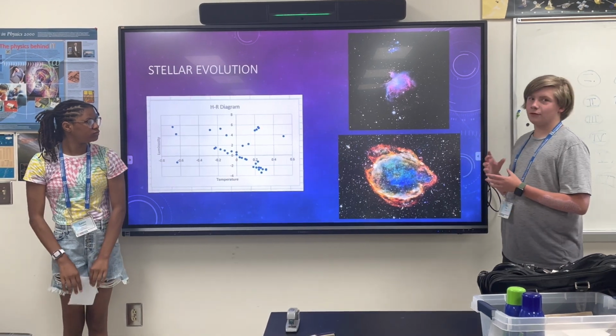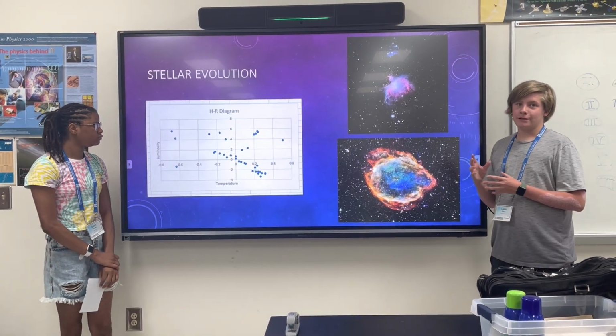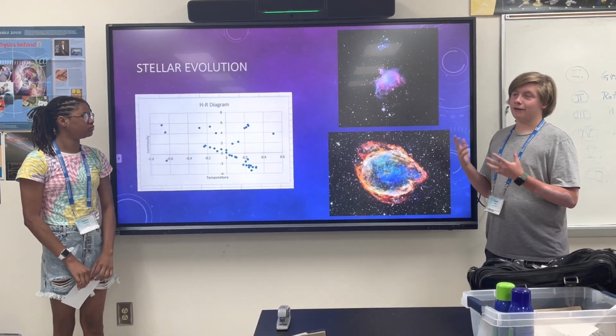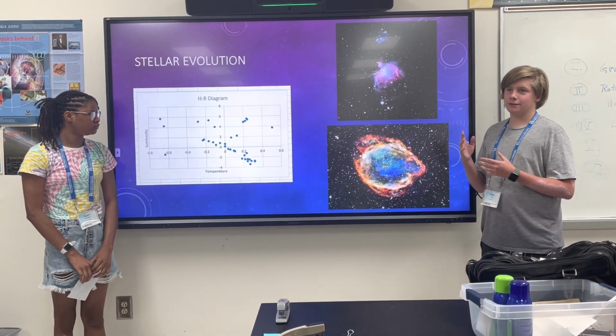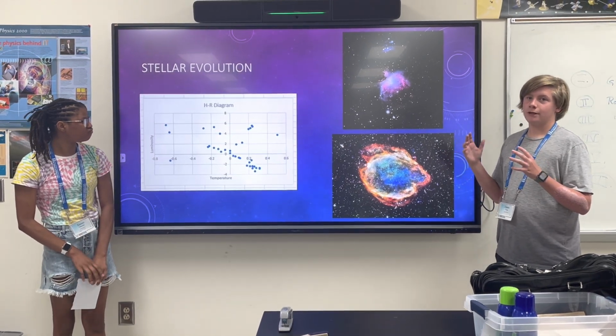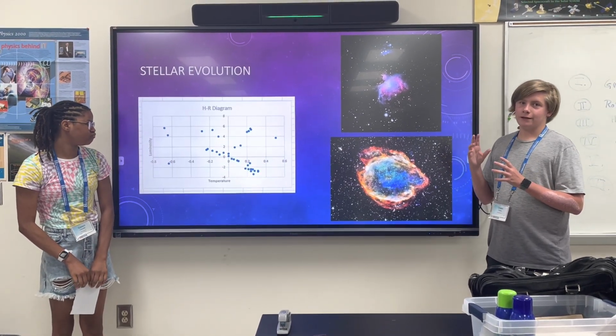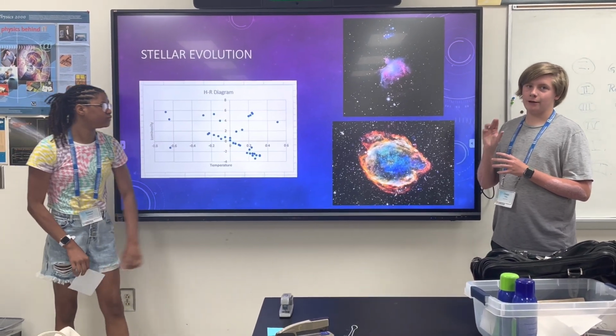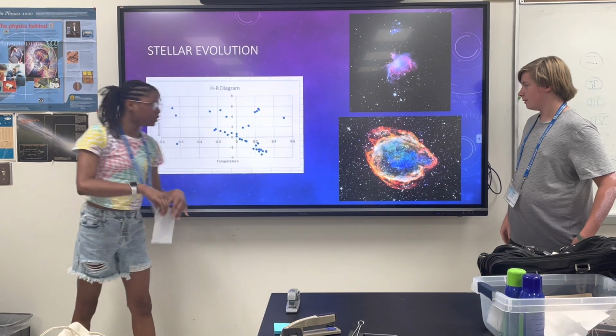After stars move out of their main sequence, they start to burn helium and expand. After this and some other stages, they expand so much that they lose their outer shell, causing a supernova and usually a white dwarf.